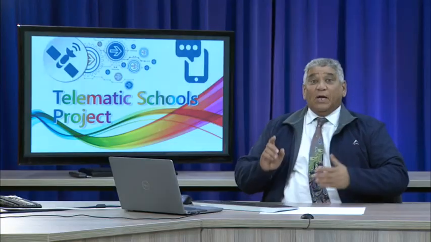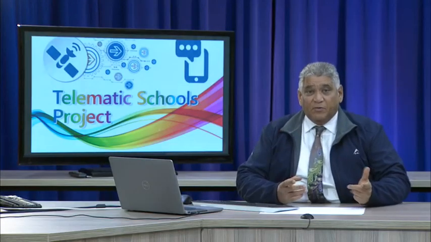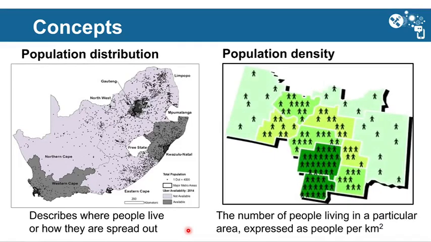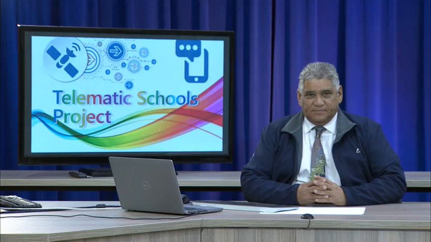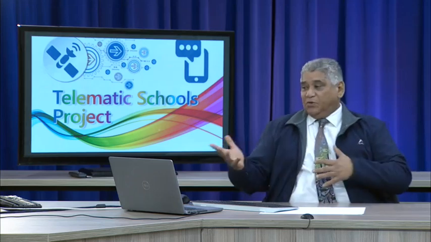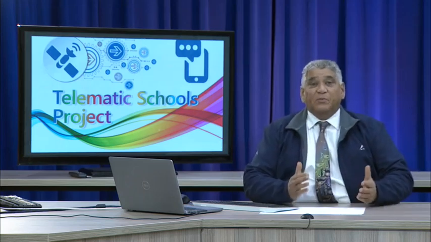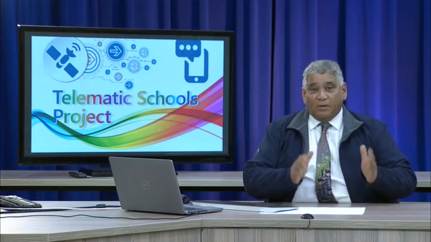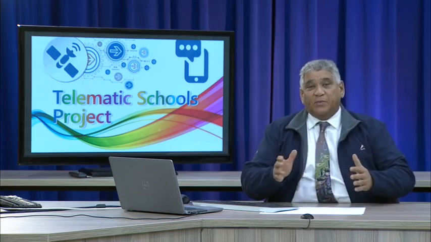Now, when we look at population density, then we get a totally different thing. So let us have a look at what population density is. Population density is the number of people living in a particular area expressed as people per square kilometer. So in other words, if you look at your population density, people will say that, okay, here we've got about 400 people per square kilometer.